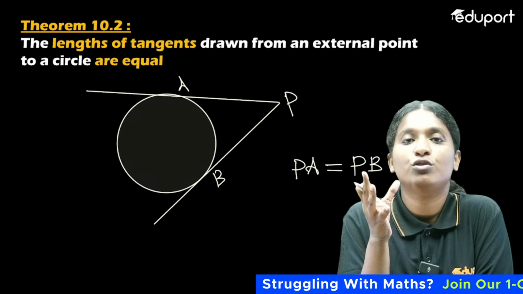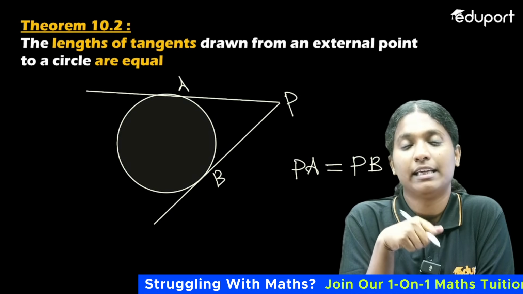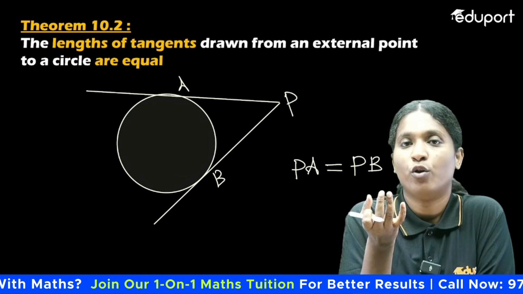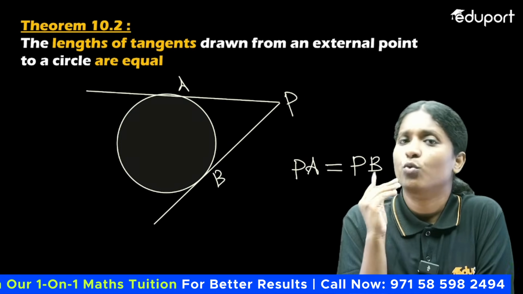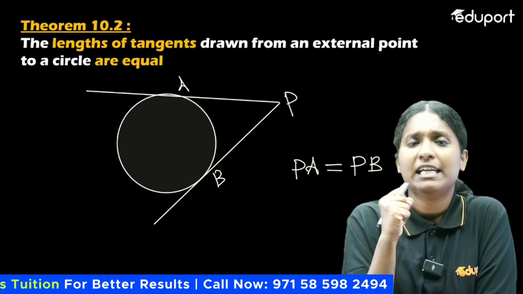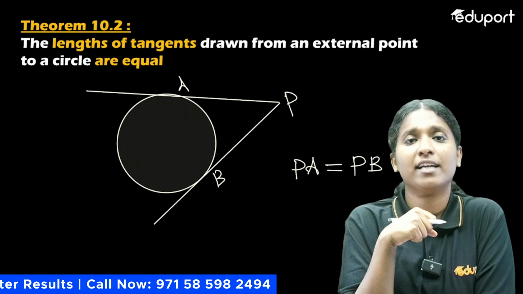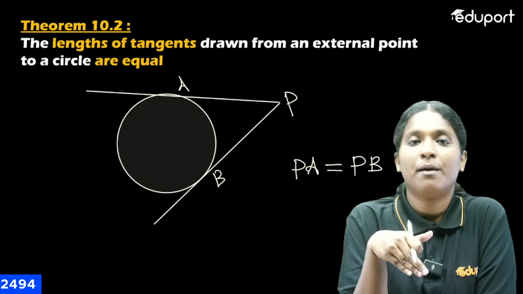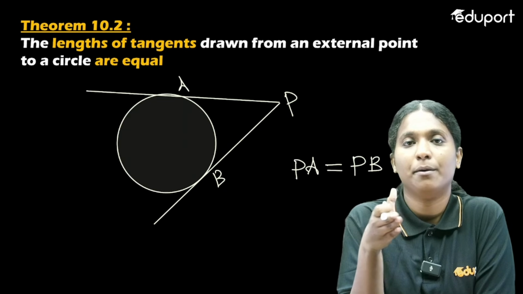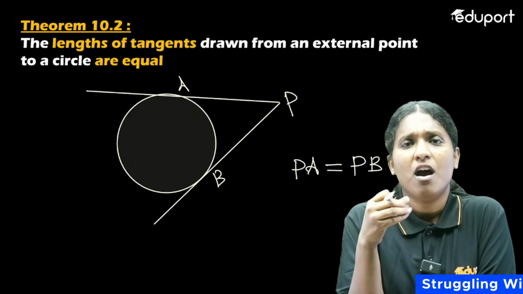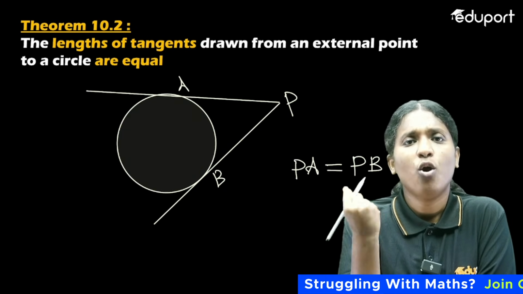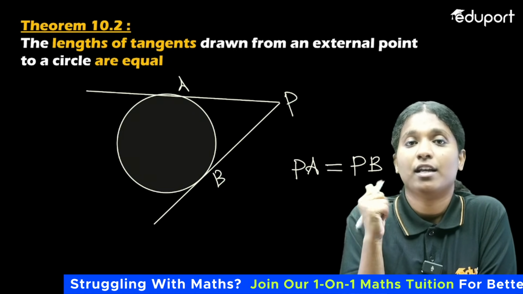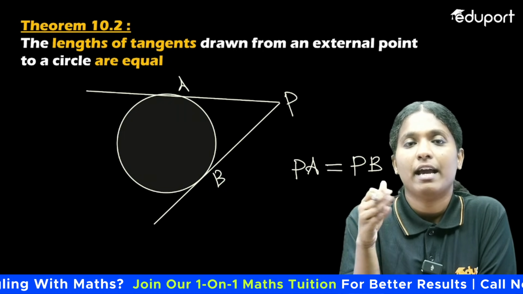And you have also learned how to prove these theorems, so that is also important. For you basic students, you can definitely expect a proving question. Either it is from tangent and radius perpendicular to the circle, or the tangents drawn from an external point to the circle are equal. You can expect either one of these.